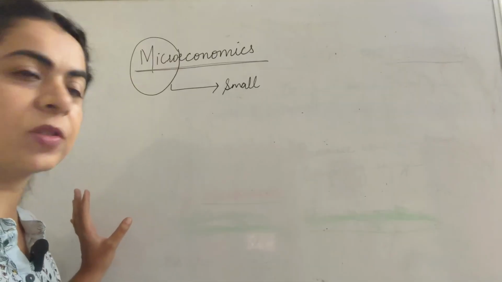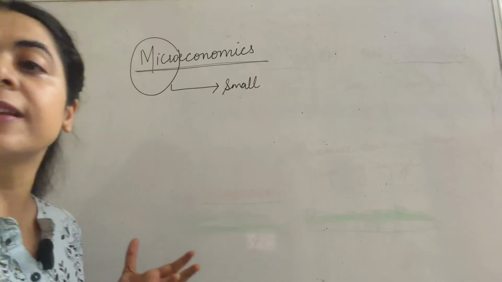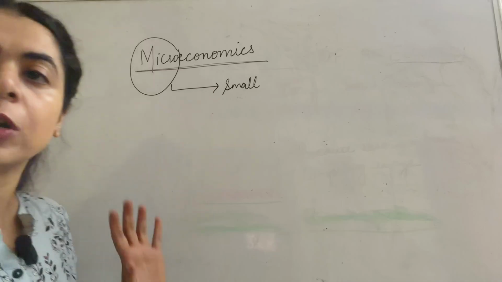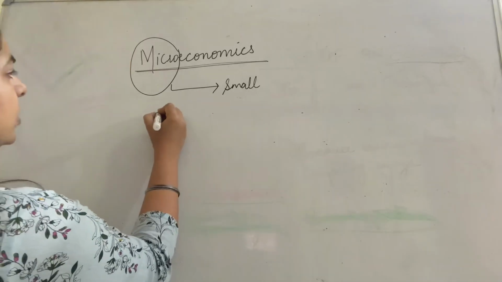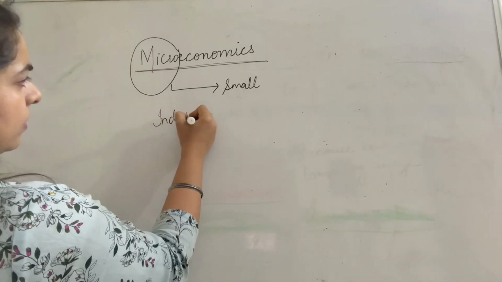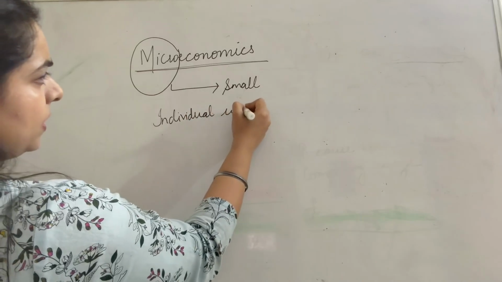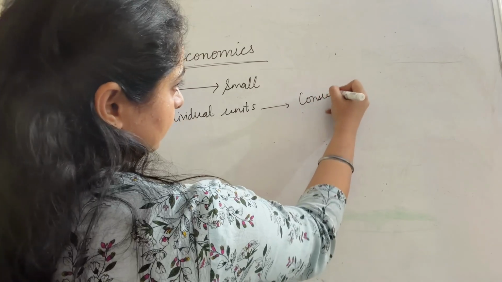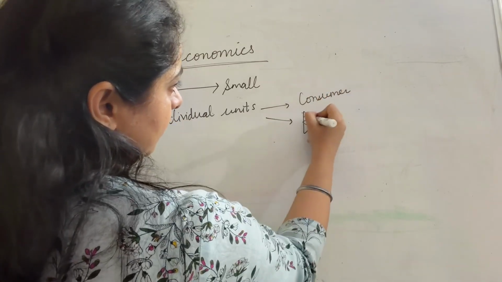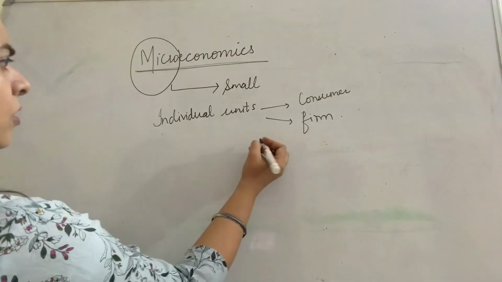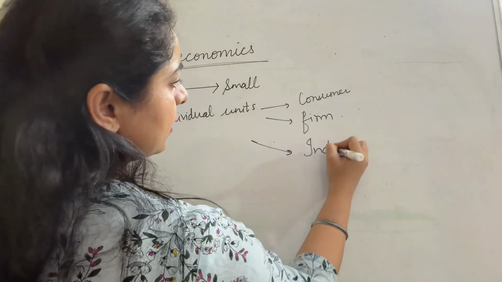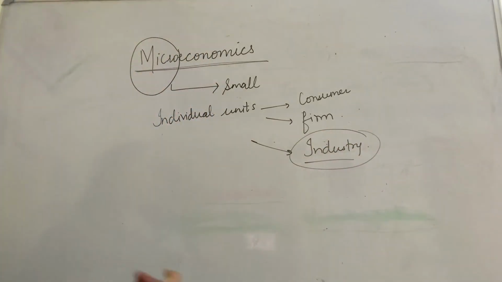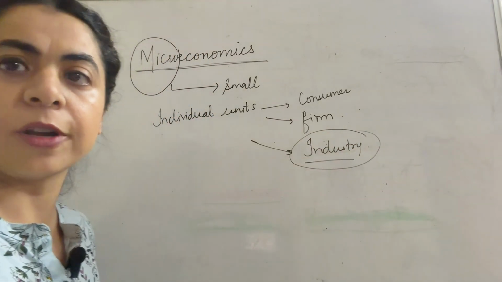Next is microeconomics, which is usually introduced in grade 11th in CBSE. So micro basically means small. Whenever we study individual units of an economy, like behavior of individual consumer or a firm, or even if we study about an industry, so industry is not a single firm but a group of firms, those who are producing similar type of products.